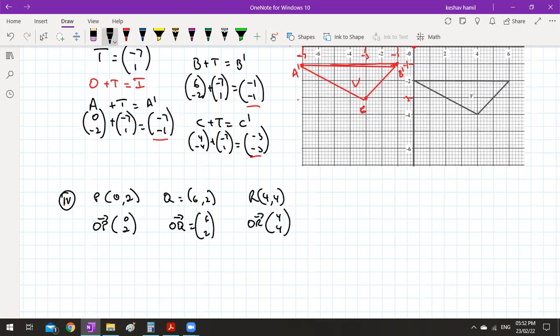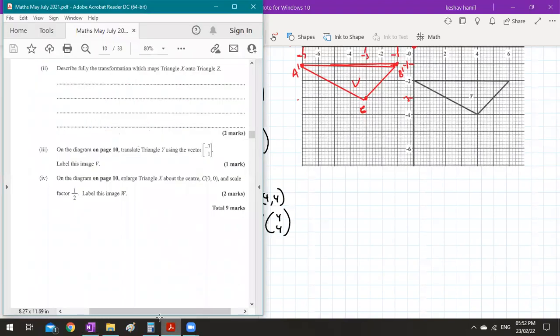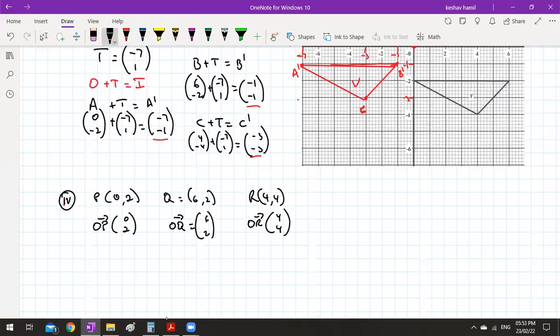So to scale it, and they want us to scale by a scale factor half, right? We say half multiplied by OP. So a half by 0, 2, it should give us 0, a half by 0 is 0, and a half by 2 is 1.